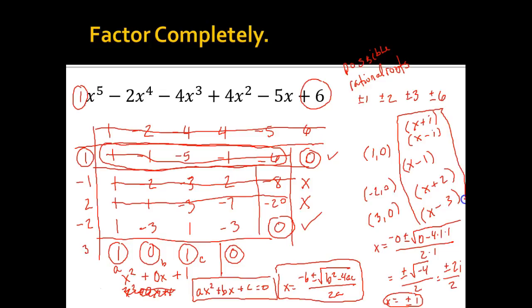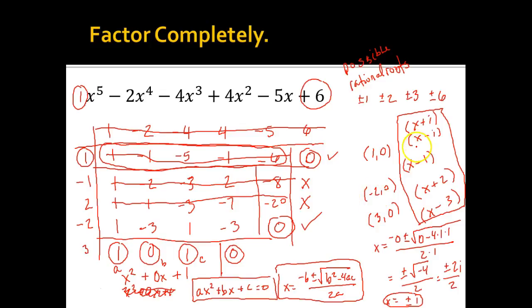Let's talk a little bit about imaginary numbers and what they mean when we talk about graphs. So I'm going to go to the next page. We have our 3 points for our graph, and we could put those in at any time. 1, -2, and 3 are the roots.